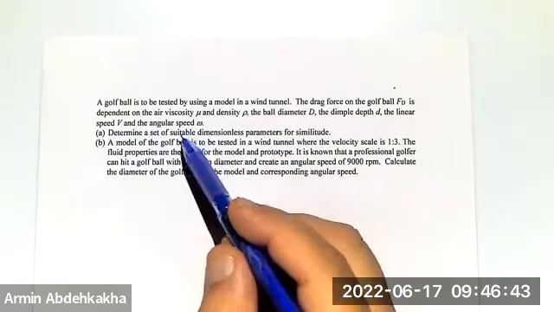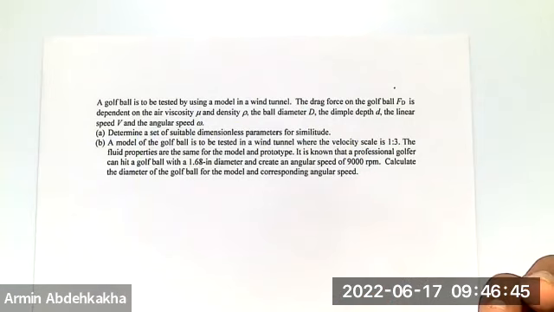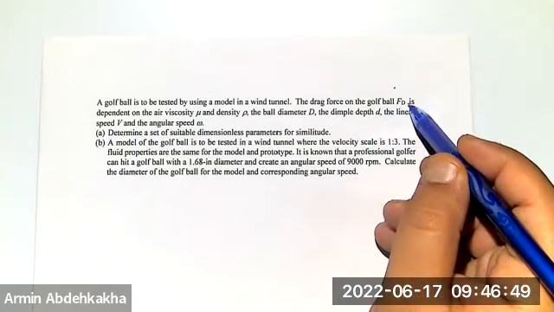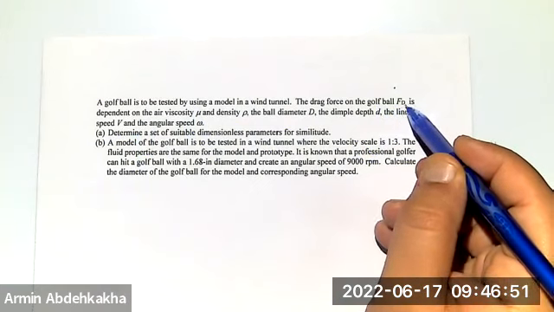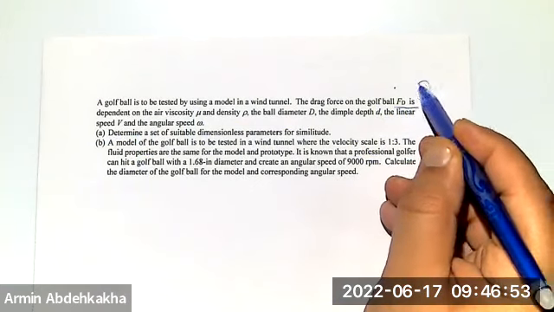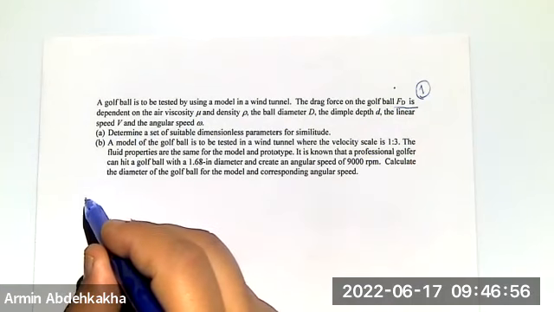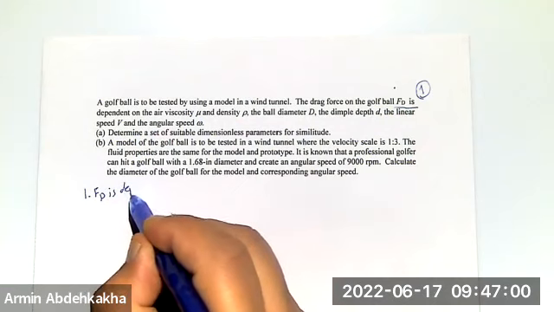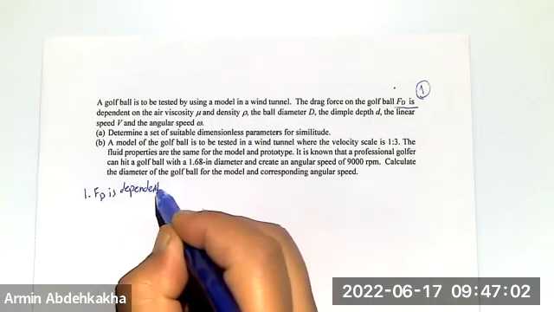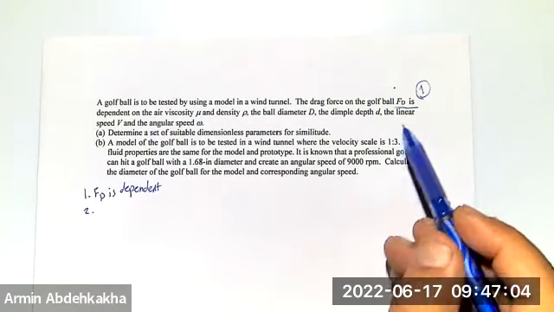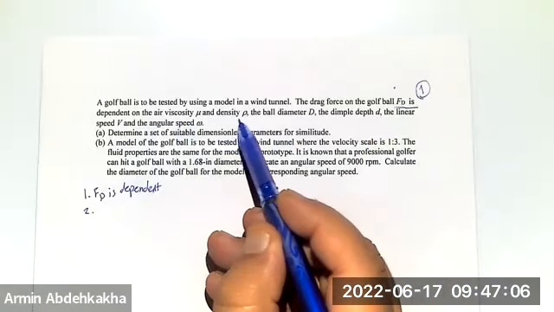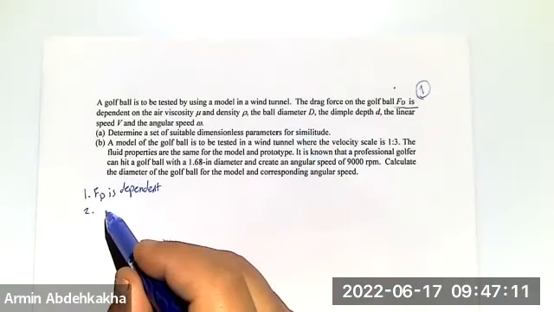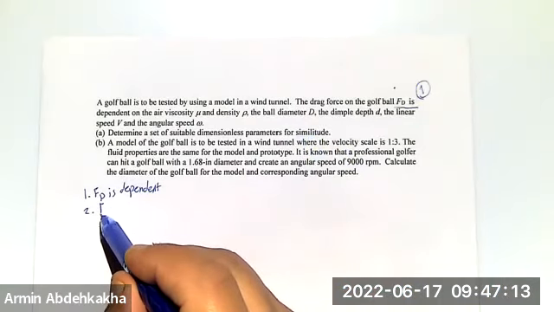So a golf ball is to be tested by using a model in a wind tunnel. The drag force on the golf ball, FD, is dependent on a list of variables.